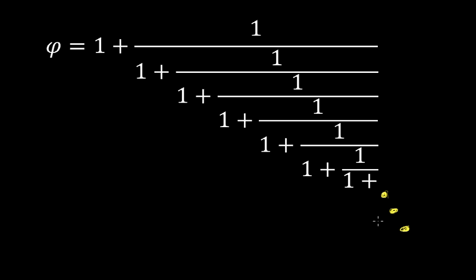In the decimal representation, we had no idea what digits came next. But here we know exactly, because each one will just add another 1 plus 1 over, and you just keep going forever. So this is phi. This is another way to write phi, and we're going to try to use this to find an equation where we can actually solve for phi.